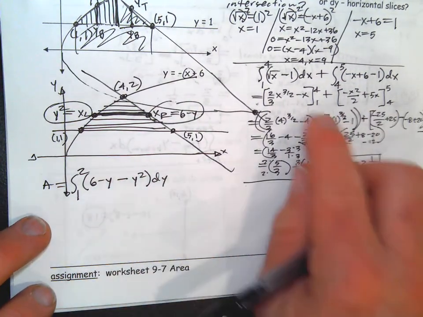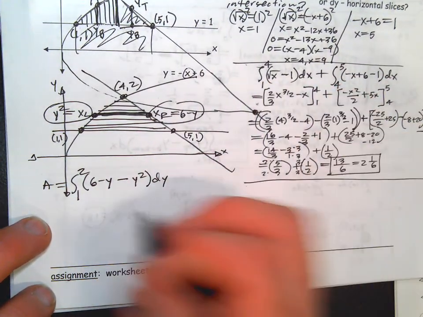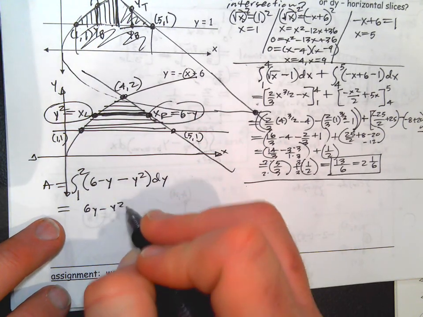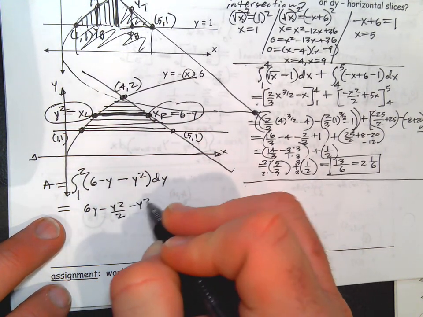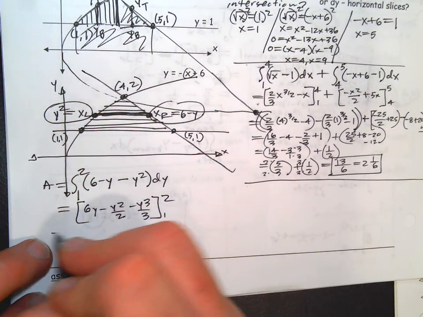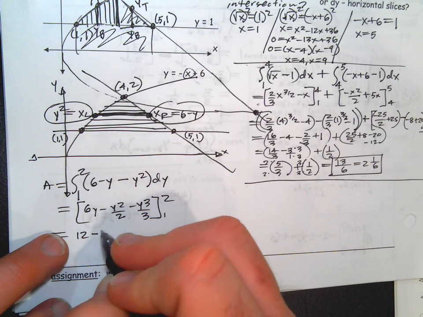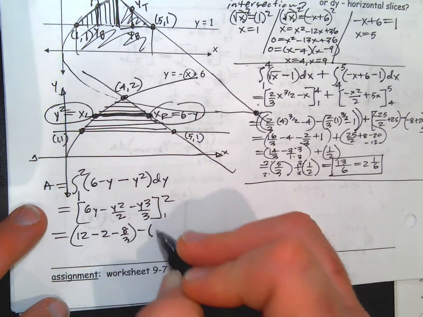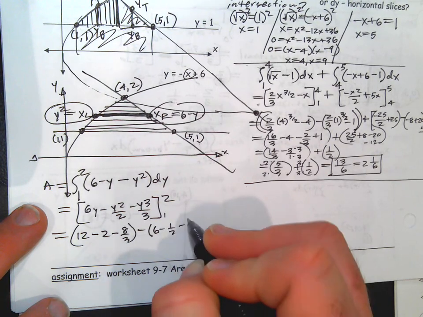And by the way, that had harder antiderivatives, I think. I feel like these antiderivatives are going to be easier. It's going to be 6y minus y squared over 2 minus y cubed over 3. And then we're going to plug in 2. We're going to get 12 minus 2 minus 8 thirds. And then we're going to plug in 1, 6 minus 1 half minus 1 third.